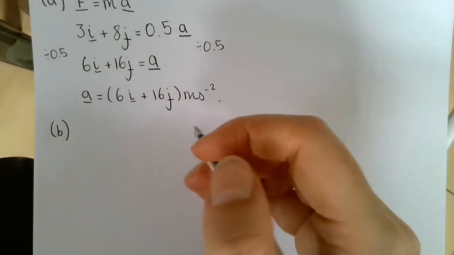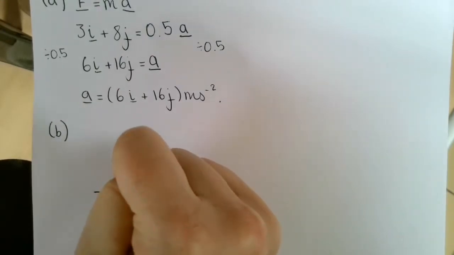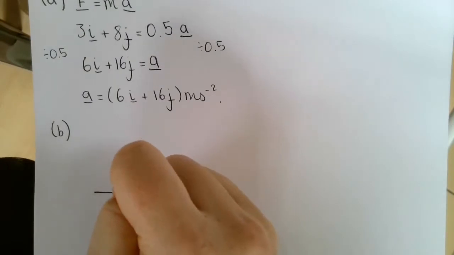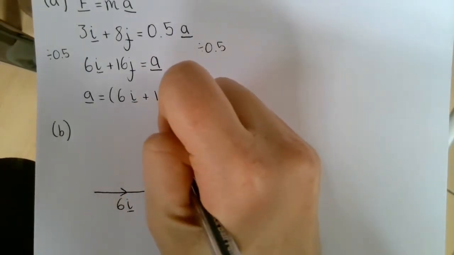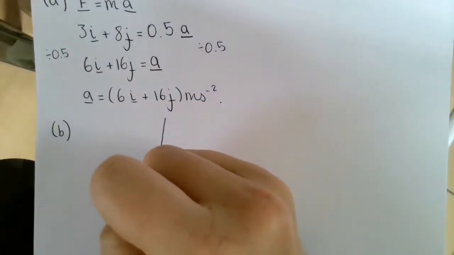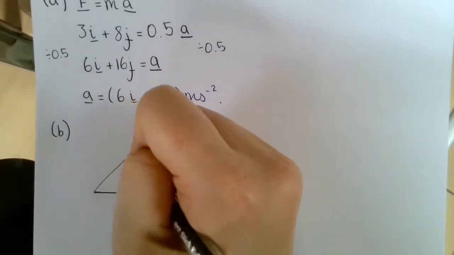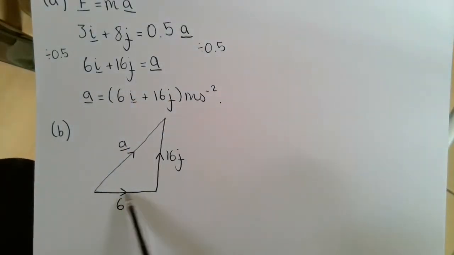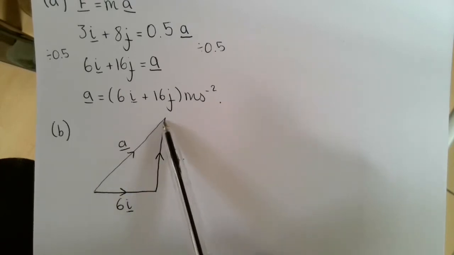So 6i plus 16j means we're going 6i across, 16j is our upwards direction, and our acceleration is the vector 6i plus 16j, so it's from this point to that point.